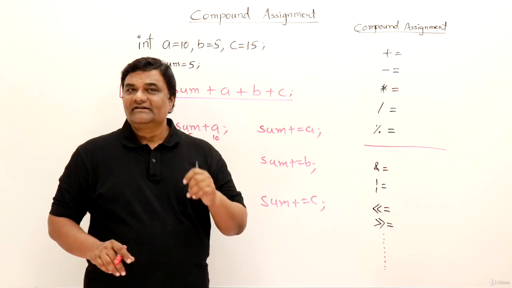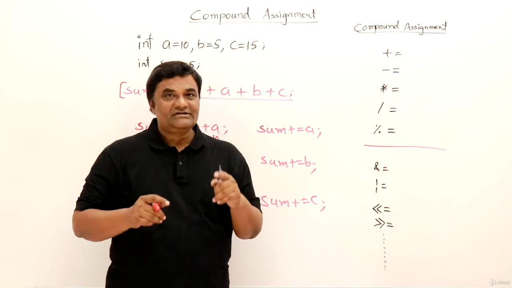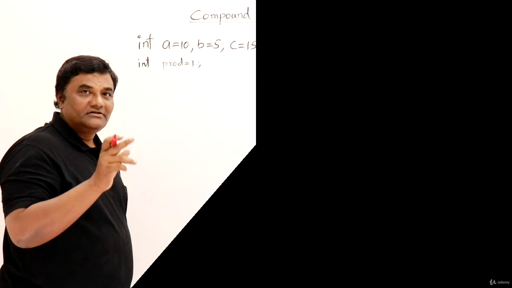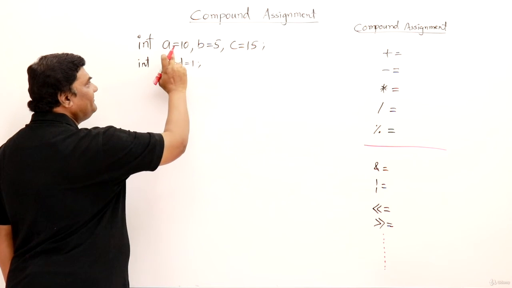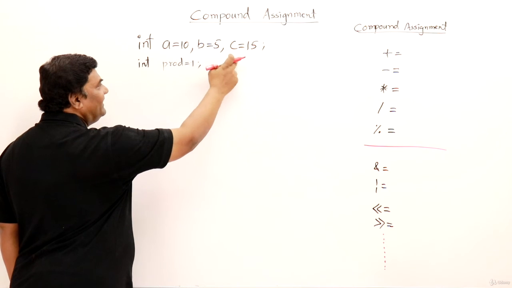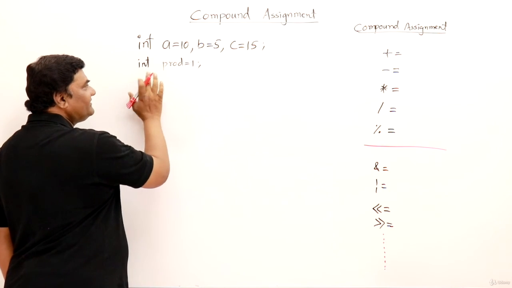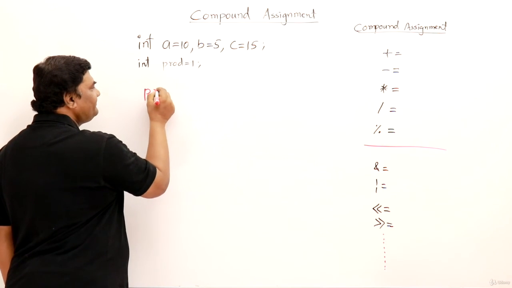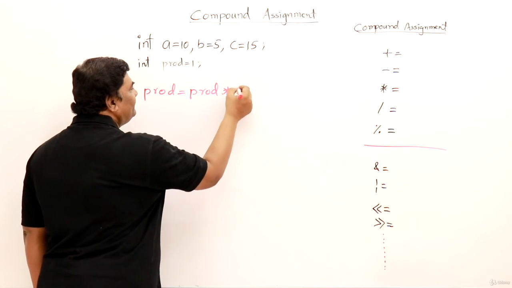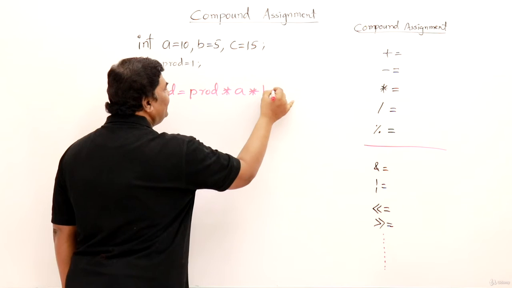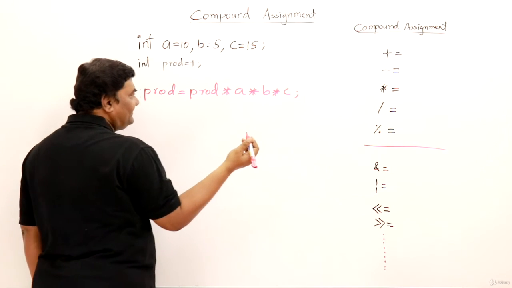Now I will take one more example for multiplication and I will show you. Here I have a variable called product which is having value 1. I want to multiply A, B, C and also with product and store the result in product. So this can be written as product multiplied by A multiplied by B multiplied by C. Suppose I want like this.